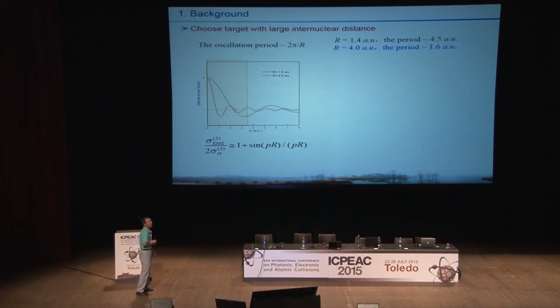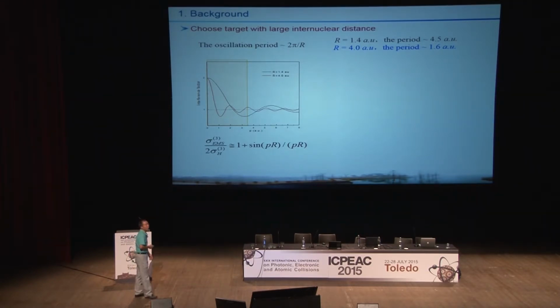One is that we can choose a target with a large internuclear distance. This figure shows the different oscillations of this interference factor for different nuclear distances. So we can see that when the distance is large, the interference factor is moved to low momentum.